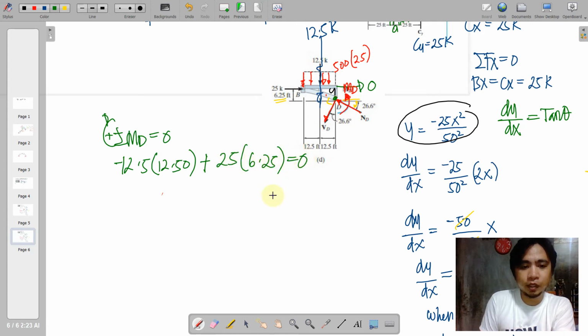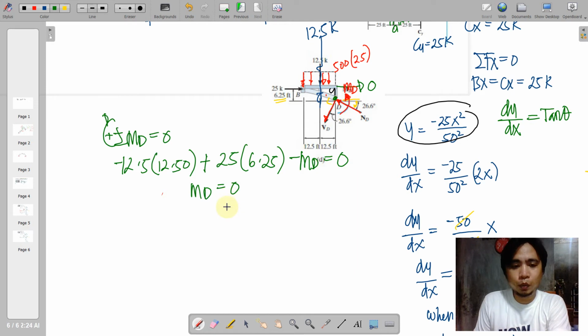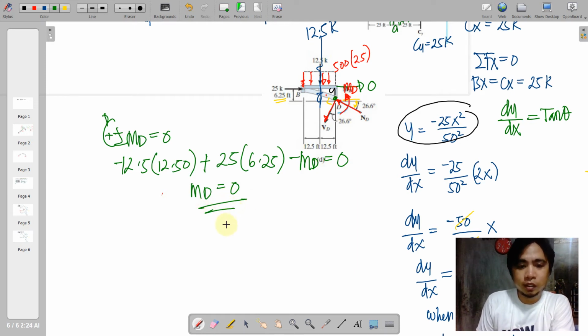So this will be equal, we deduct MD or the couple at D and equate it to 0. And actually we will end up with a value equal to 0.